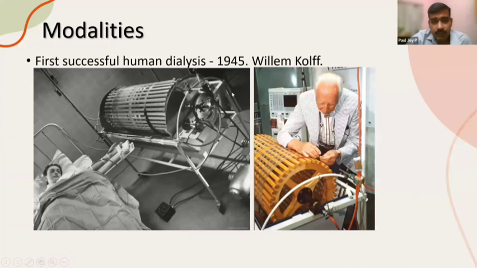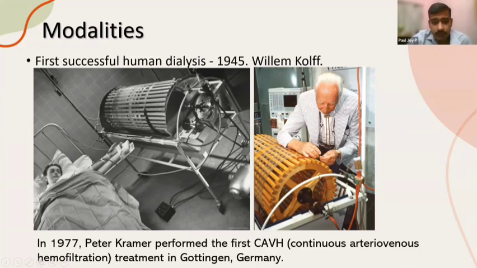The first successful human dialysis was done in 1945 by Willem Kolff using the drum dialyzer. And in 1977, Peter Kramer performed the first continuous arteriovenous hemofiltration in Germany.